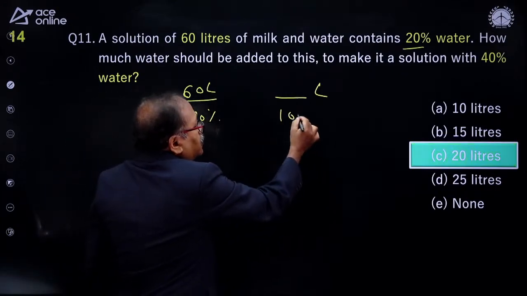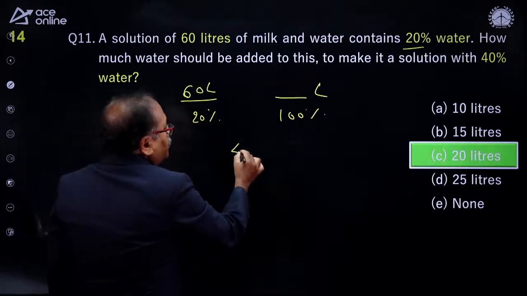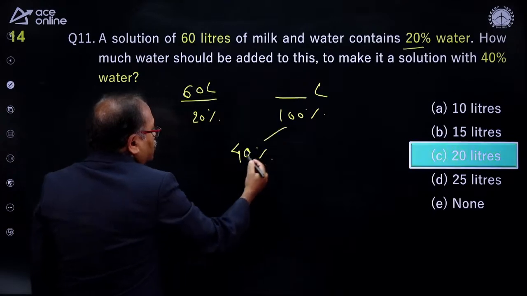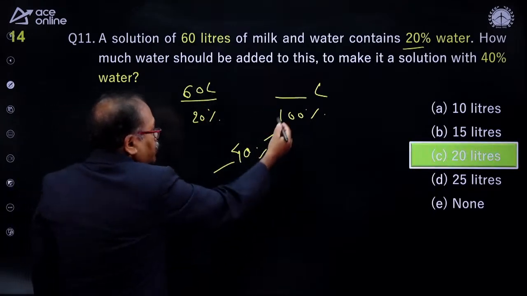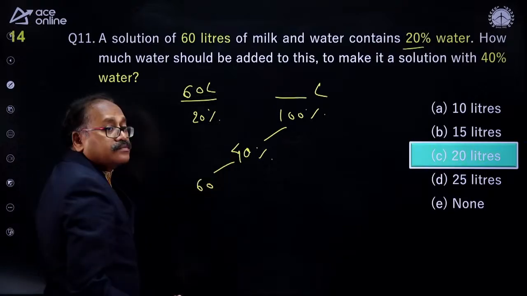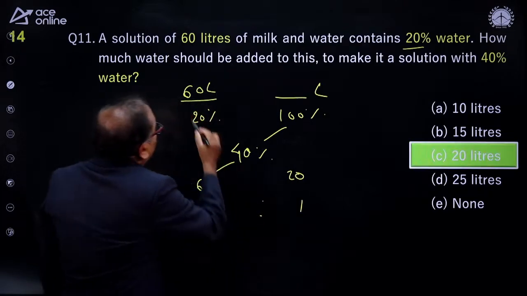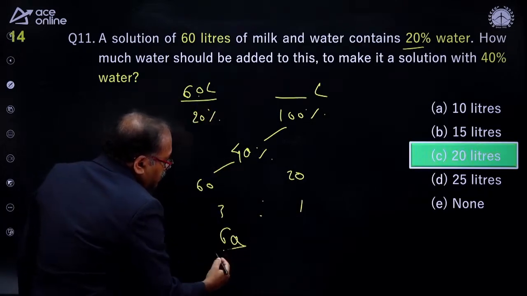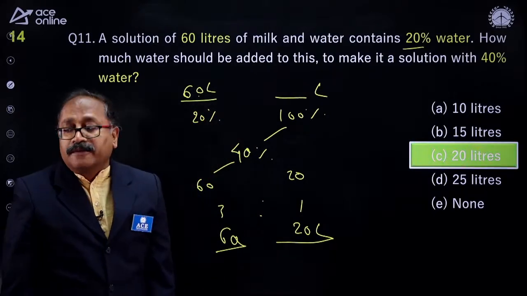You should mix these two in such a way that the water is 40%. Take the cross difference and you get the ratio of these two. Here it's 60 and here it's 40. That means 3:1. When 3 parts is 60 liters, then 1 part is 20 liters. That's your answer.